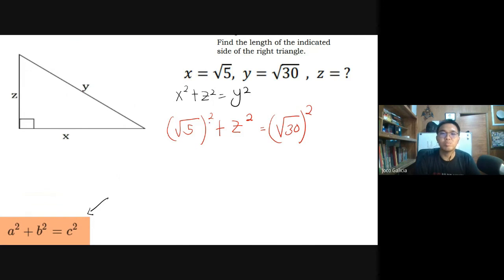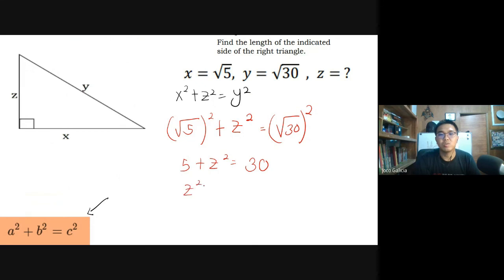Now, square root of 5 squared, class, ay 5. Or the square root of 5 quantity squared ay equal sa 5. Plus, z squared is equal to square root of 30, quantity squared ay 30 lang din, class. Now, 5 plus z squared is equal to 30.